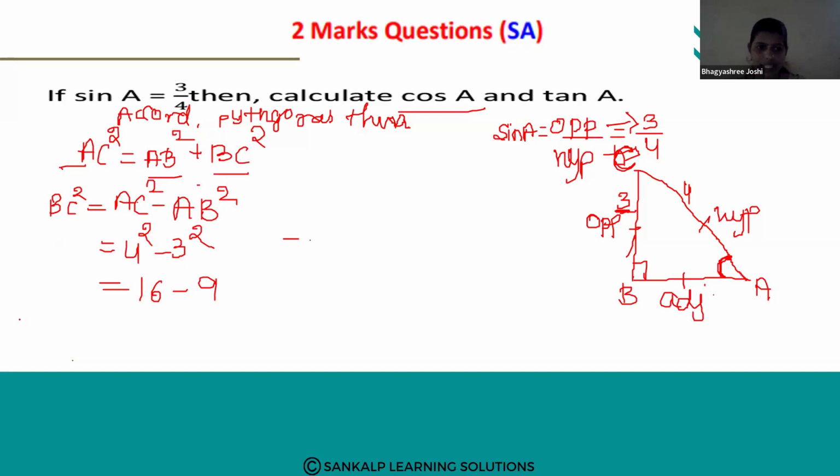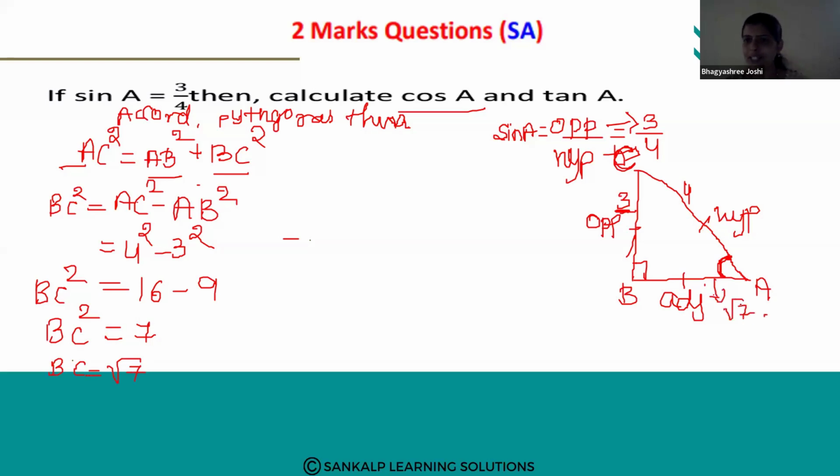So it is 16 minus 9. What value are we going to get? Yes, that is 7. If the square is equal to 7, then the side is root 7. Okay, so our adjacent side is root 7.